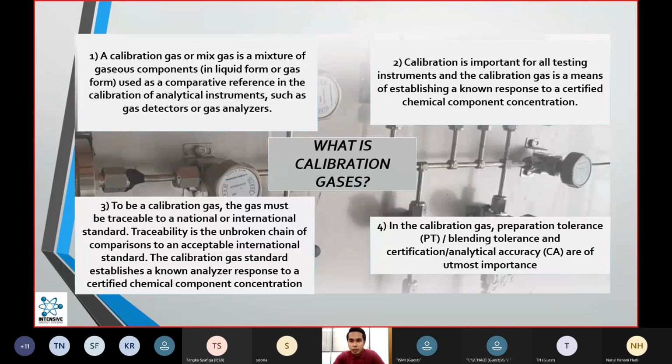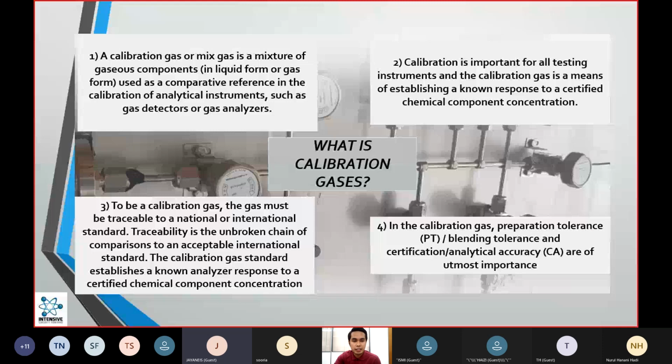Calibration is important for all testing instruments, and the calibration gas is a means of establishing an analyzer response to a certified chemical component concentration. To be a calibration gas, the gas must be traceable to a national or international standard. Traceability is the unbroken chain of comparison to an acceptable international standard.